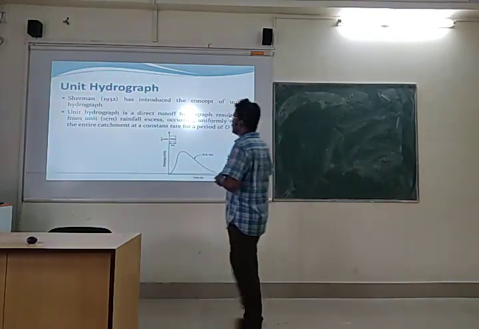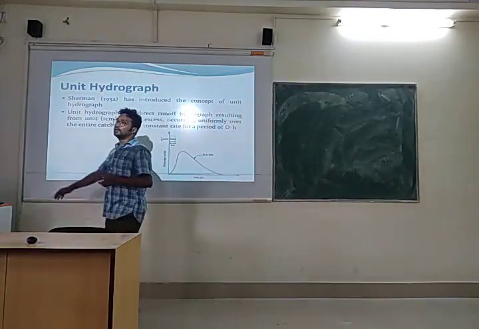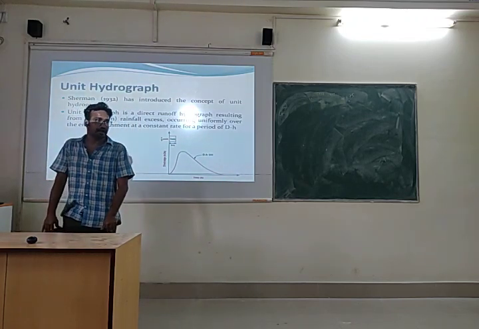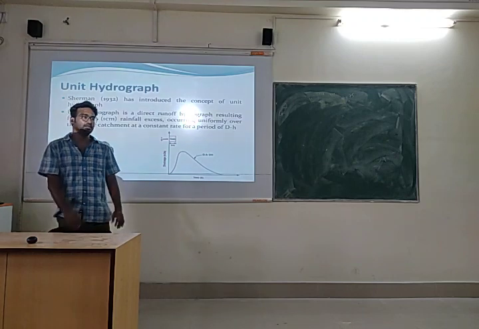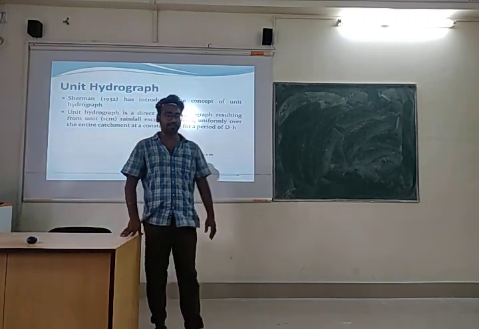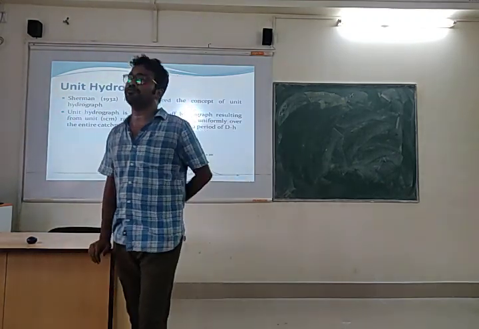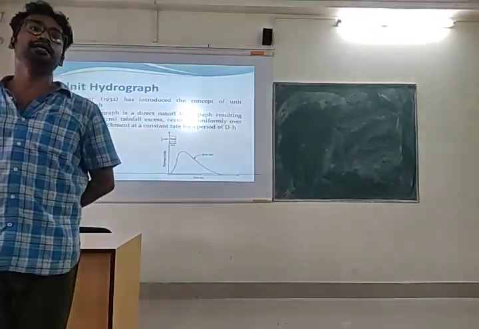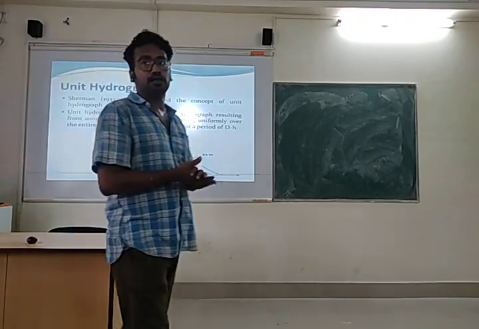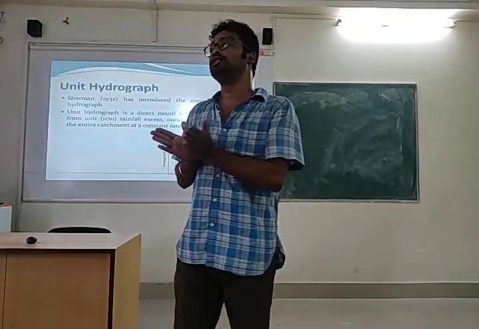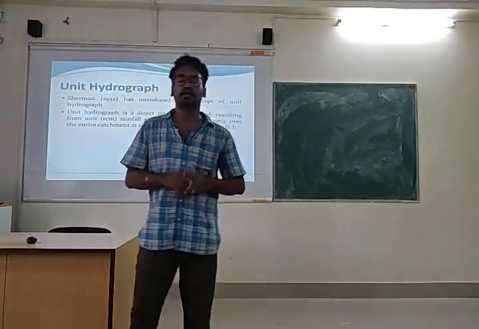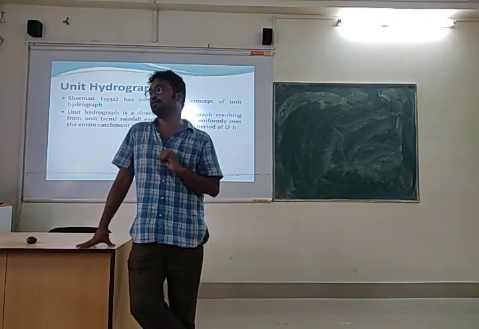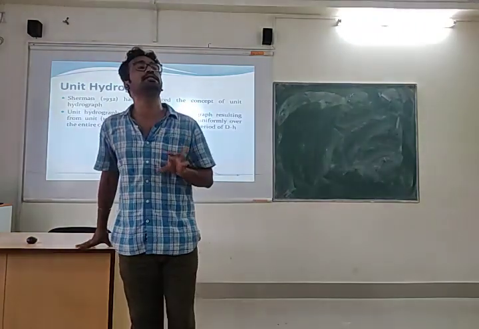Now, for that case, the duration of that precipitation will also be defined, maybe 2 hours of excess rainfall or 4 hours of excess rainfall. So the unit rainfall will be given as D hour excess rainfall, or D hour unit hydrograph. D hour means 2 hour unit hydrograph, 4 hour unit hydrograph. These sorts of things will be given, right?